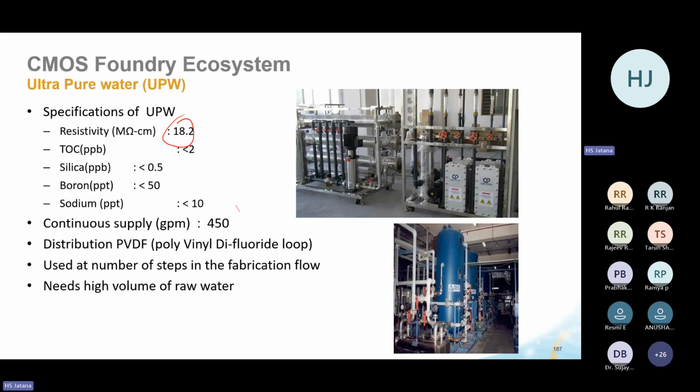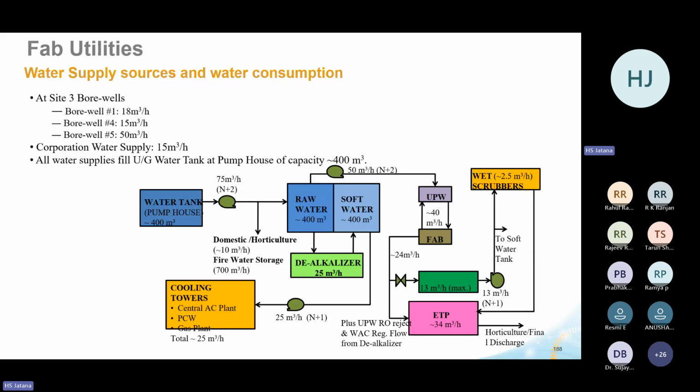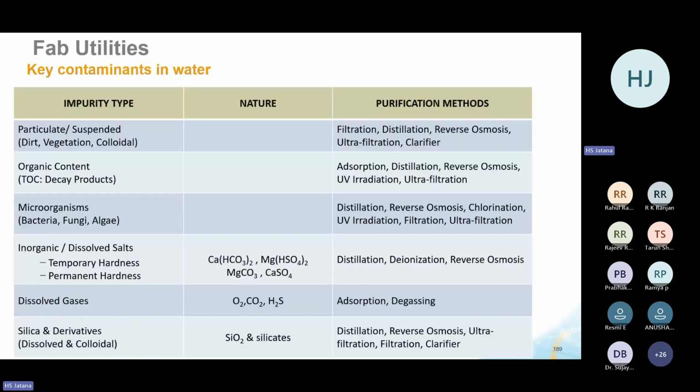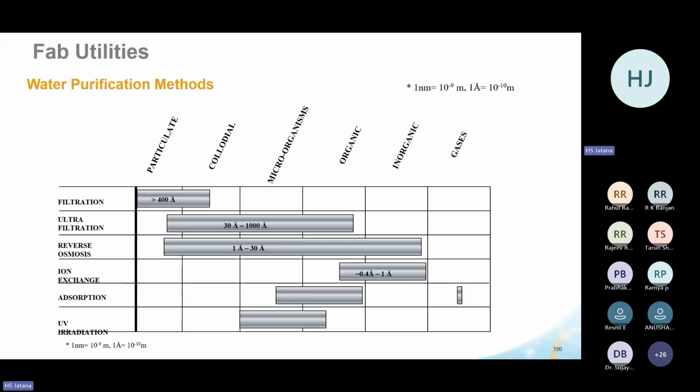So there are various mechanisms of doing this, and finally, what kind of contamination there is, and what the methods are to remove that contamination. So filtration, distillation, reverse osmosis, ultrafiltration, clarifying, adsorption. Deionization, distillation, adsorption, degassing. All these things are used to get very pure water.